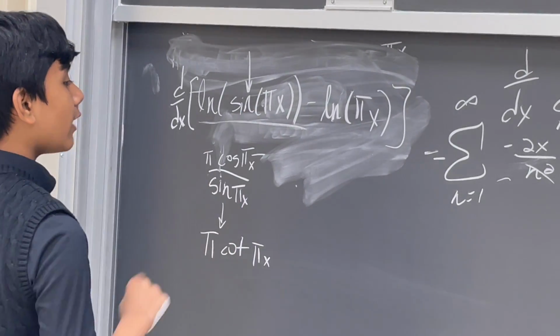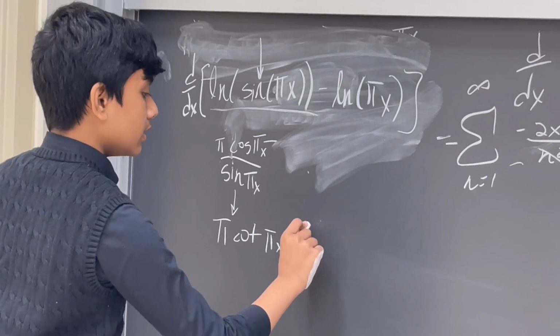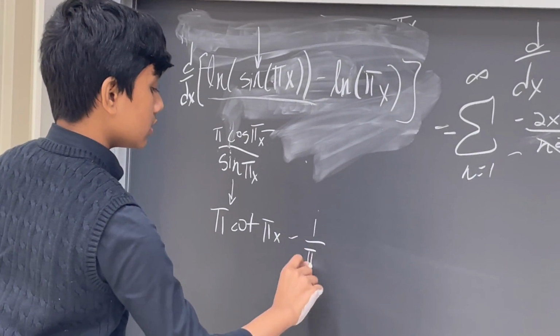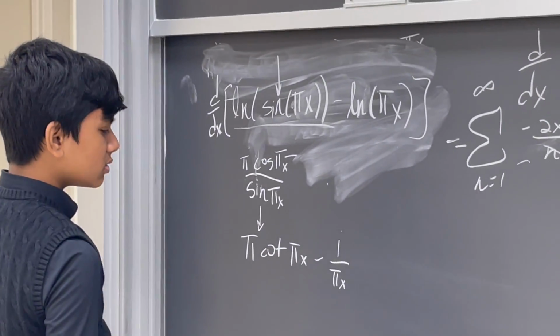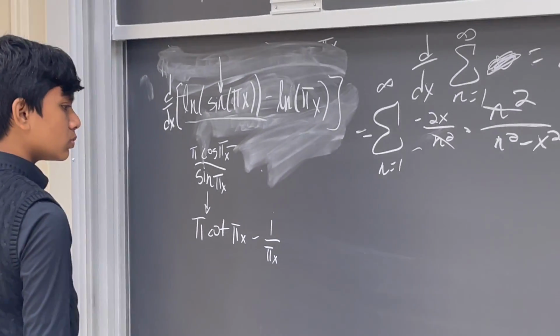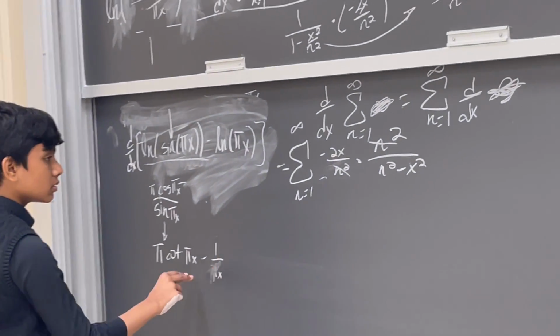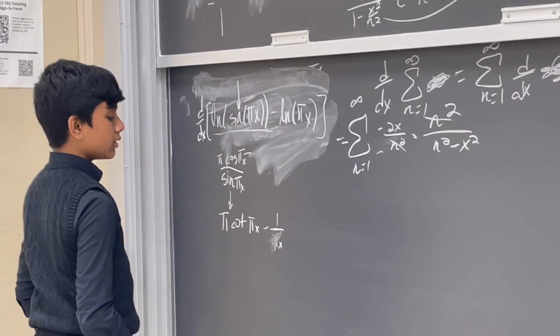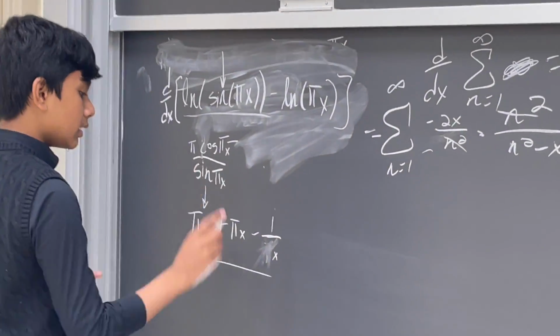And then we subtract ln pi x. So that's just going to be 1 divided by pi x times pi. So there we go. This is what we get on the other side.